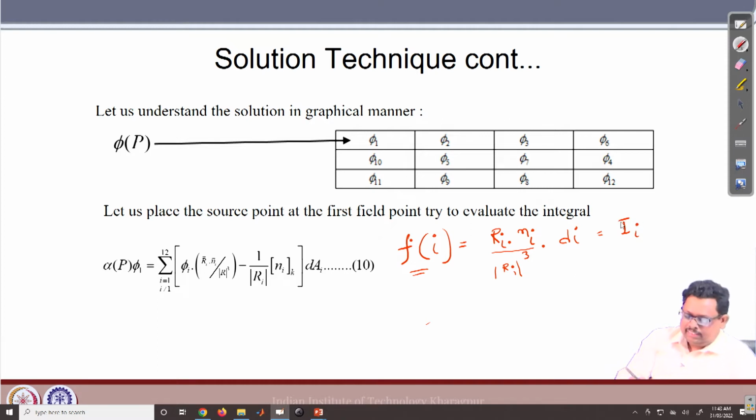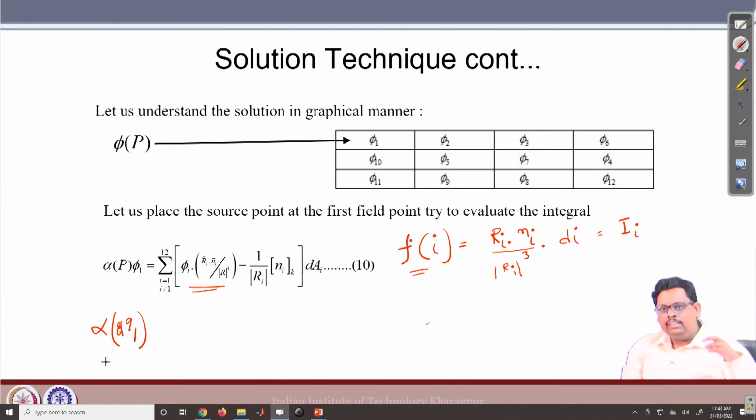Fine. So, therefore, you see I can write this, remember I am doing it for the first panel, as alpha p. Now, alpha at the first point, you can write as q 1, alpha at the first point, where q is meant for the source point 1, q 1 into phi 1.